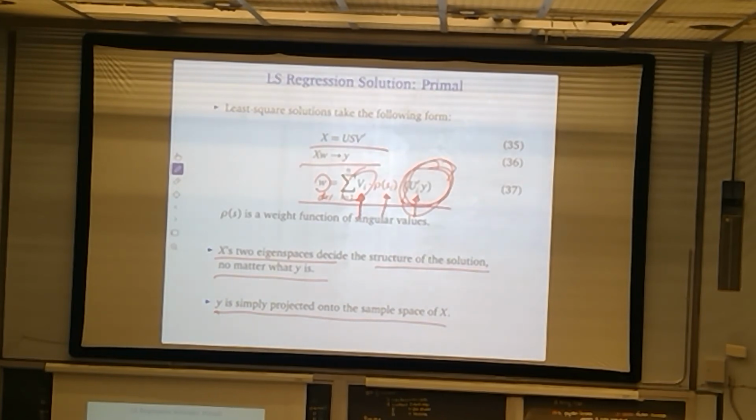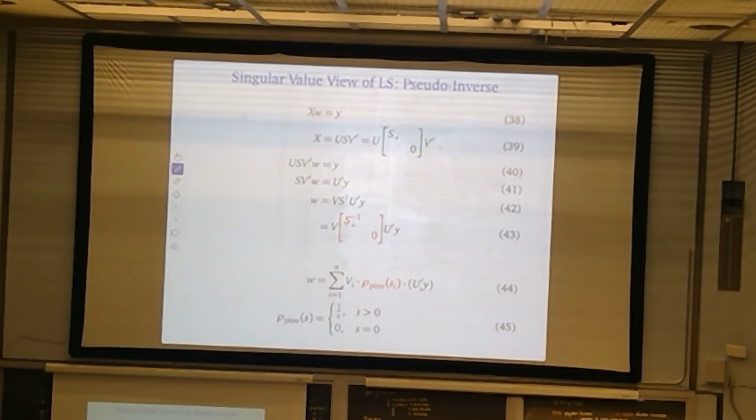Okay? So first, let's look at the pseudo-inverse. The solution, essentially, if I have U S V transpose, and this part is non-zero, then the rest is rank deficient, okay? I expand it by SVD, and U is orthonormal. I can multiply both sides, so this cancels out because of orthonormality.